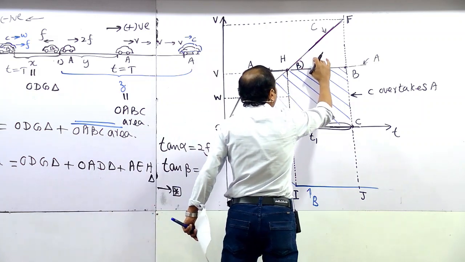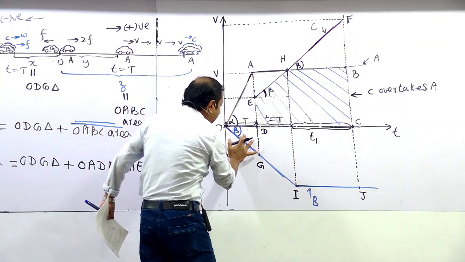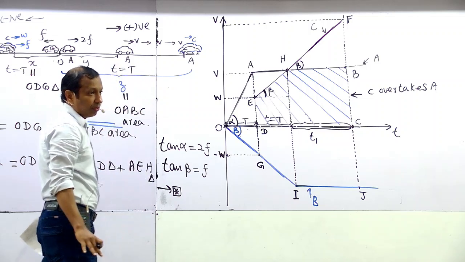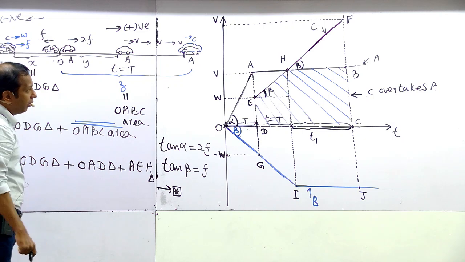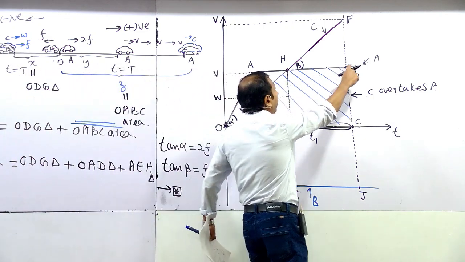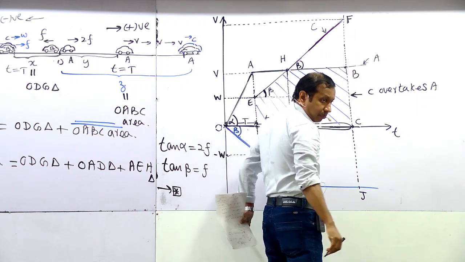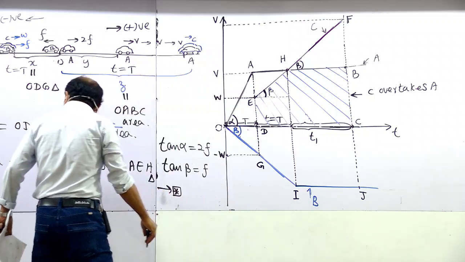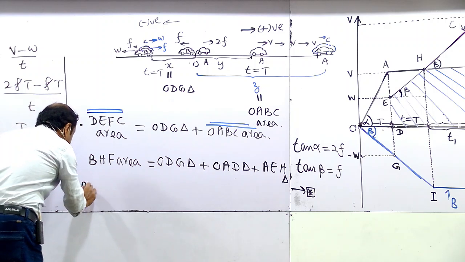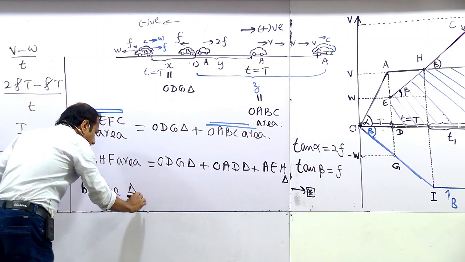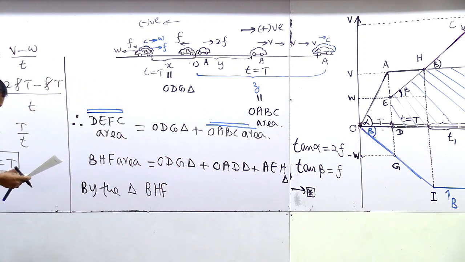We have enough data to find those areas. To find this area only, people, we need this height. To find this area also, we have enough information. So to find that HFB area, we need this height. Then apply the tan beta ratio to this and get this height BF. Right? Write down. By the triangle BHF, apply the tan beta ratio.